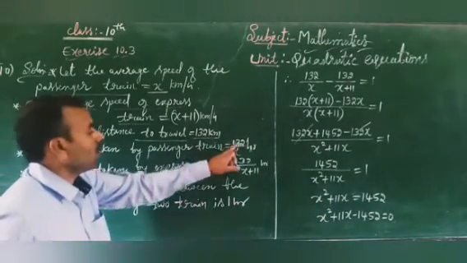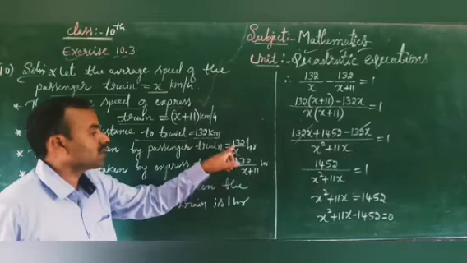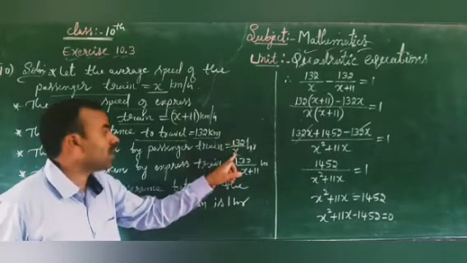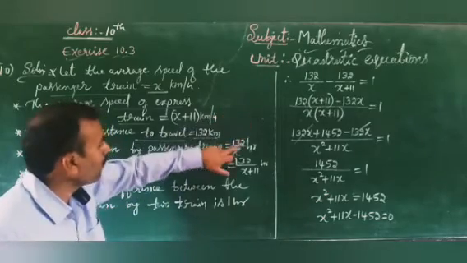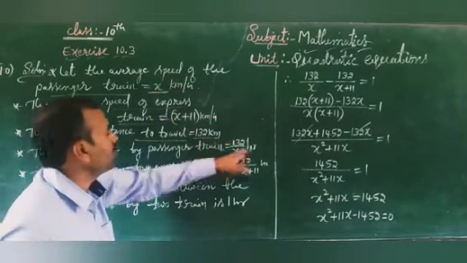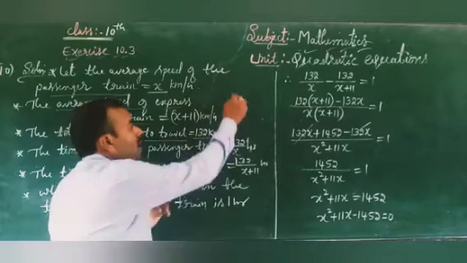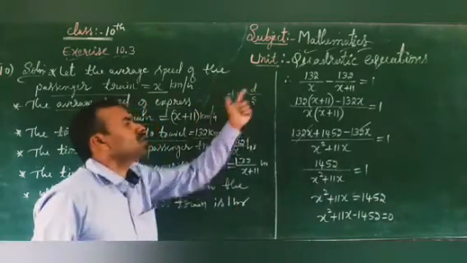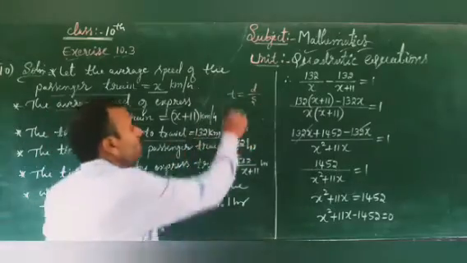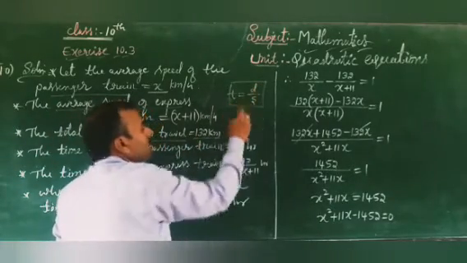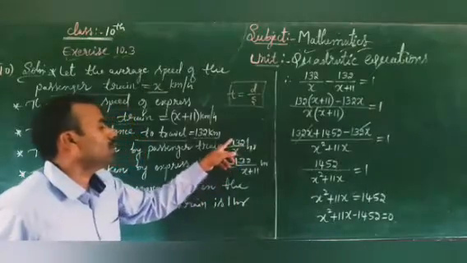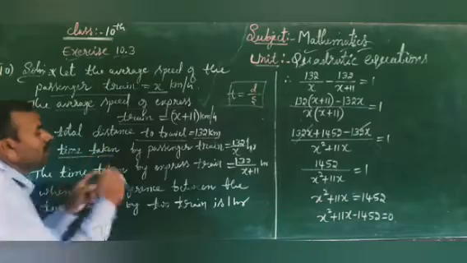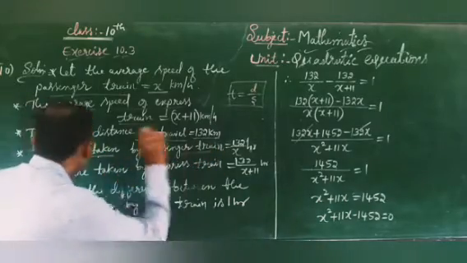It is not 32, it is 132 by x, because distance by speed will be the time. Time is equal to distance by speed; speed is equal to distance by time. In the same way, just write the formula for time: distance by speed, 132 by x hours. This is the time taken by the passenger train.